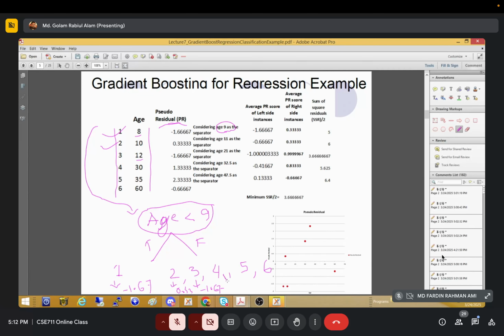And for the 4, it is 1.33. And for the 5, it is 2.33. And for the 6, it is negative 0.67.